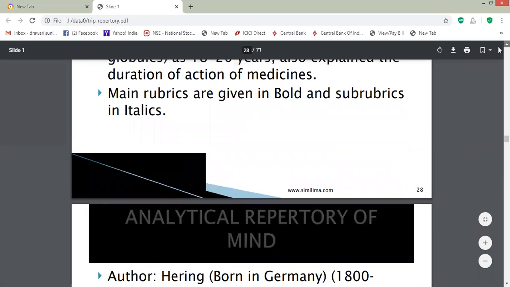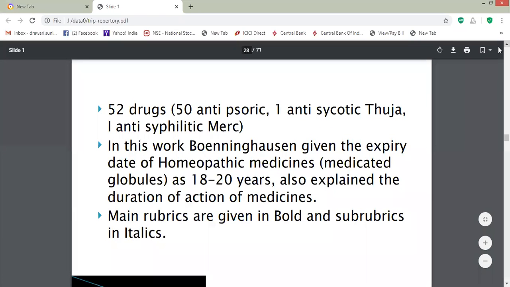So there were 2 types of typography used to write down the rubrics and symptoms. The main rubric was written in bold letters, and sub-rubrics in front of that rubric are in italic letters, so that we can easily understand which is the rubric and which is the sub-rubric of that rubric.